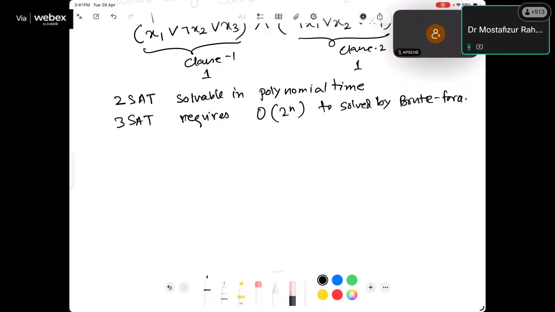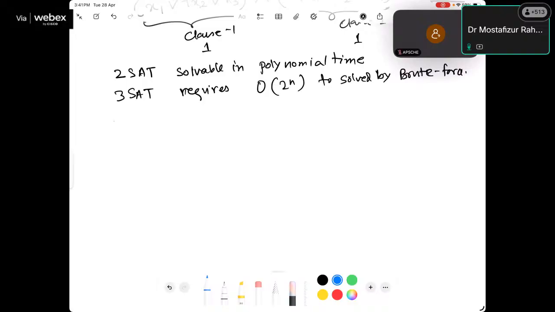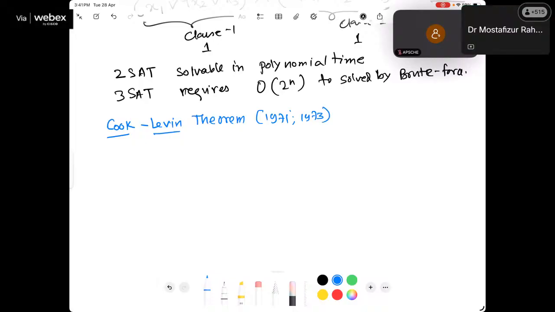Now, there is a theorem, and that particular theorem is called the Cook-Levin theorem. It was given in 1971. Actually, Cook gave the first theorem in 1971, and then Levin changed it a bit in 1973, most likely. So together it is written as the Cook-Levin theorem, and it's just a one sentence theorem.